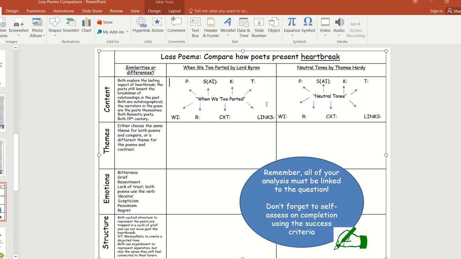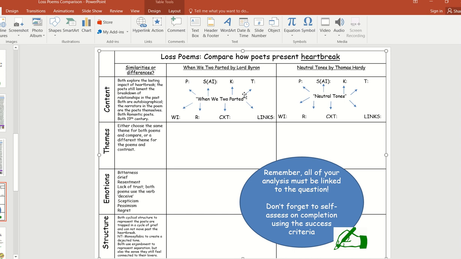Okay? So, I won't go through all of them, but some things that are important in relation to this title, 'When We Two Parted'. So straight away, just from reading that, Byron is indicating to the reader that this is a heartbreak poem.